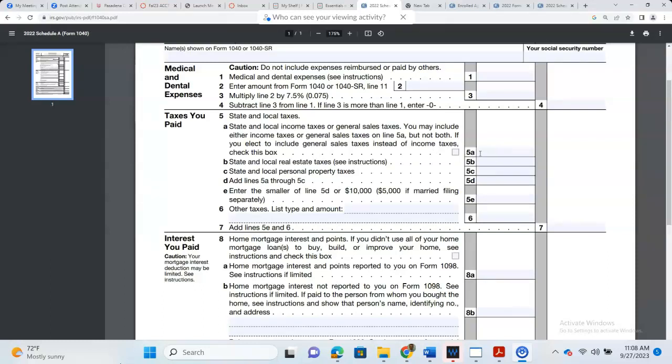Let's say 5,000. I paid $5,000 to state and local income tax. And you are getting a benefit out of that, right? IRS says, okay, you show me that you paid this much and you are getting a benefit filing federal tax return. Now, 2 months later, you got a refund of $500.